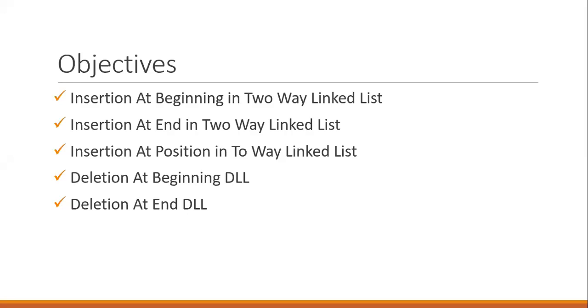Also, we know that if we talk about the begin pointer, then the previous of the begin pointer is going to be null, and if we talk about the last pointer, then the next of the last is going to be null. These are the two significant places which tell us the termination of our two-way linked list.